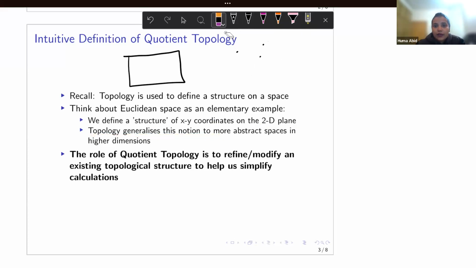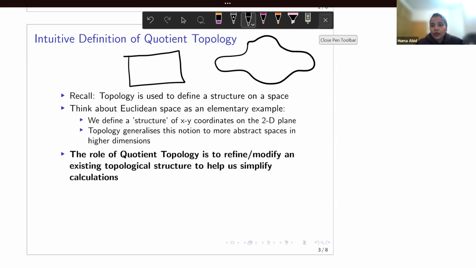So, for example, forget your Euclidean space, and suppose you have a very irregular, blobby space in maybe higher dimensions, not 2D, but maybe 4D or 5D, something that you may not even be able to accurately picture or visualize using your tools.